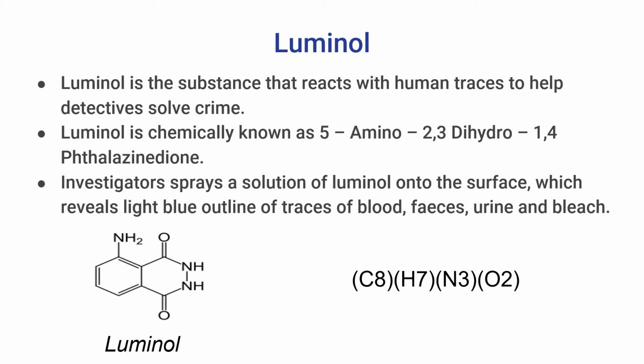Its chemical name is 5-amino-2,3-dihydro-1,4-phthalazinedione. Investigators spray a solution of luminol onto the surface, which reveals a light blue outline of traces of blood, feces, urine, and bleach. The figure shown in the slide represents the structure of luminol.